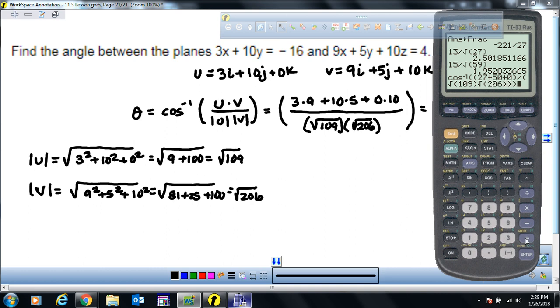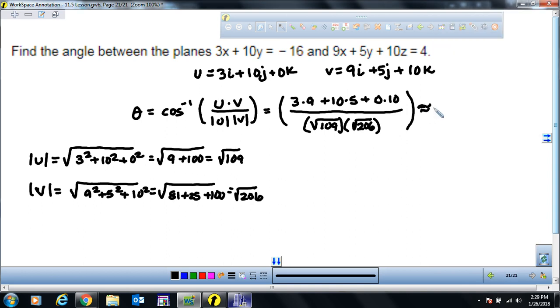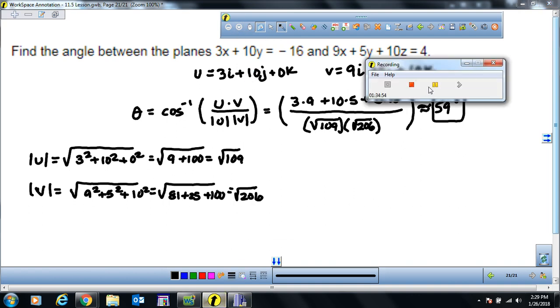And that gives us 59. So the angle between the two vectors is approximately 59 degrees. This is the angle between the two vectors, which in this case means the angle between the two planes. And this concludes section 11.5 about lines and planes in space.